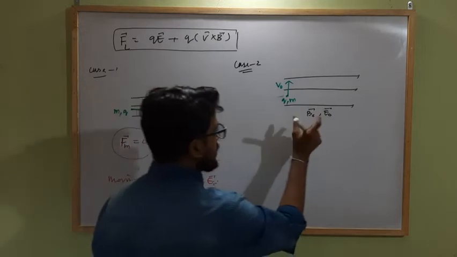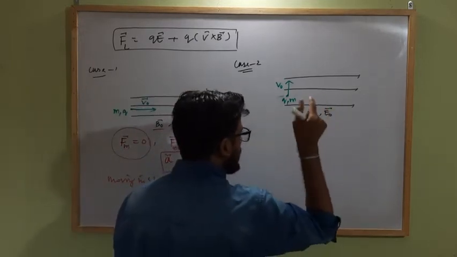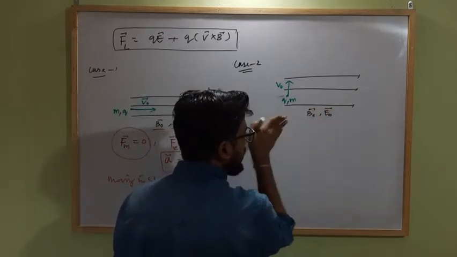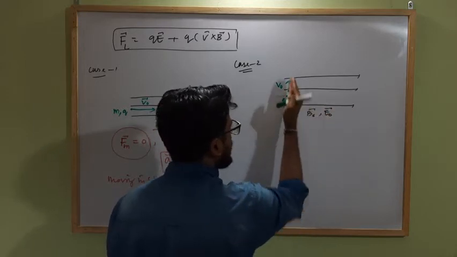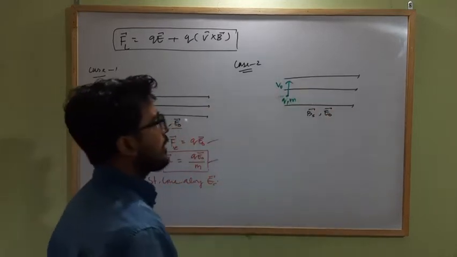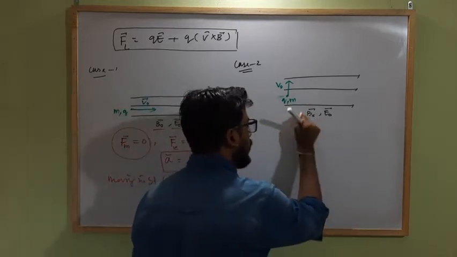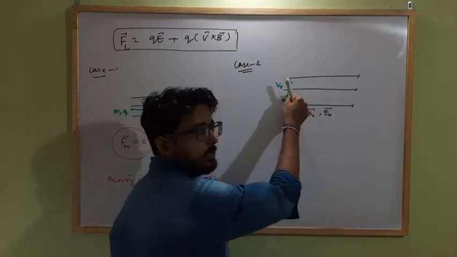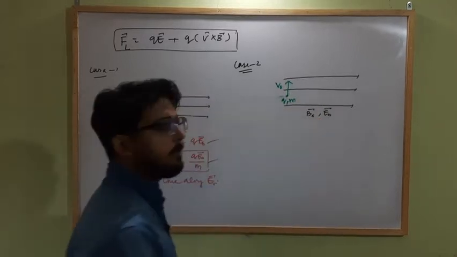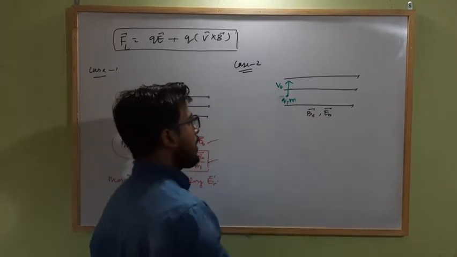So in this case, as the electric field and magnetic field are along this direction and the charge is moving perpendicular to the direction of the magnetic field, the magnetic field also exerts a force on the charge and the electric field also exerts a force on the charge.